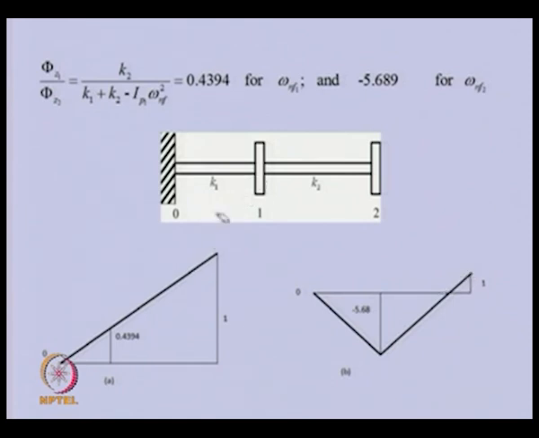In the first mode, both disks have same phase motion, and in this case they have anti-phase motion. That means if this disk is rotating clockwise in torsional vibration, the other will oscillate in the counterclockwise direction, and when the second is rotating clockwise, this will be anti-clockwise.